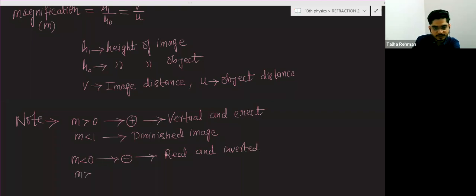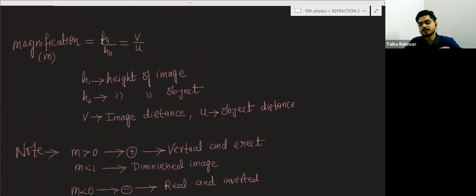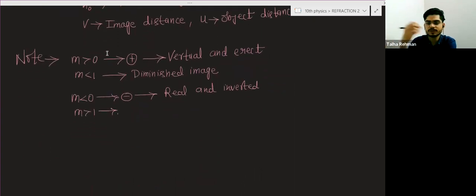If your magnification is greater than 1, then from this formula you can find out what will happen. This time this M will be greater than 1, means this ratio will be greater than 1, means height of image is greater than the height of object. So your image will be larger in size. So you can say a magnified image.